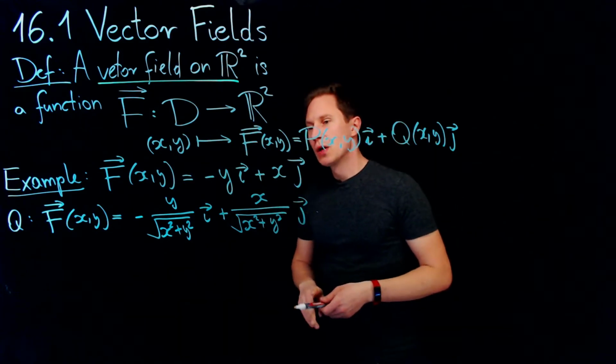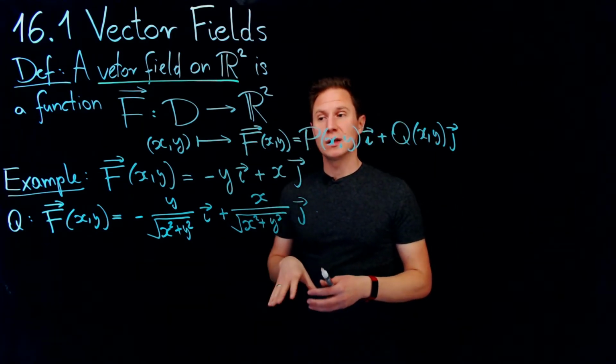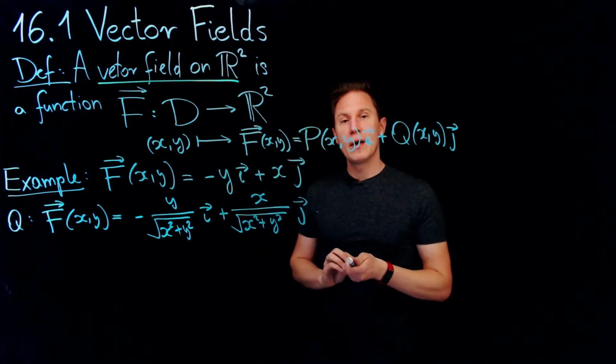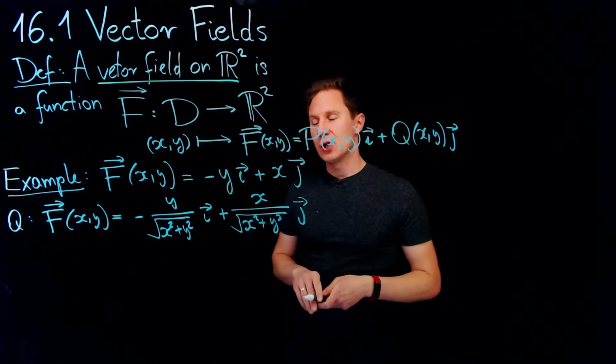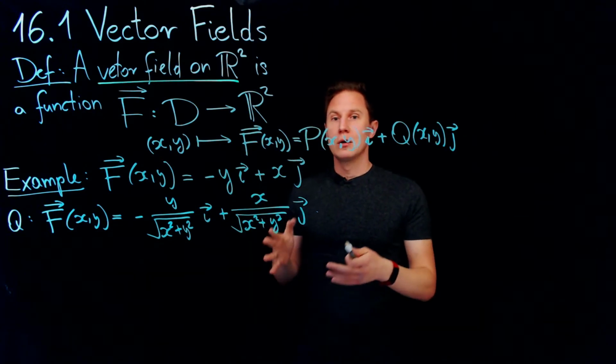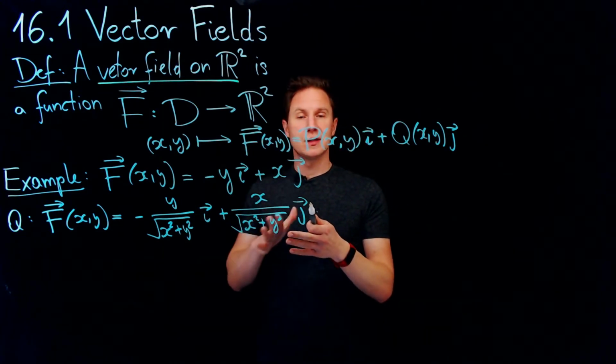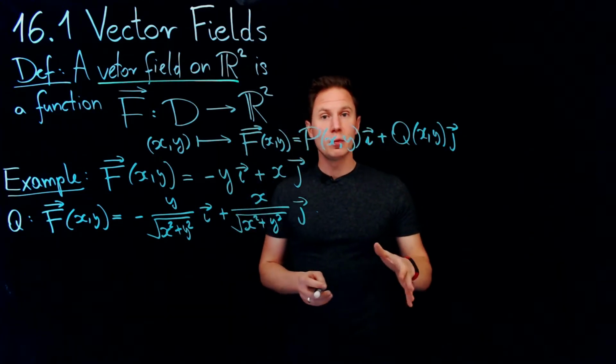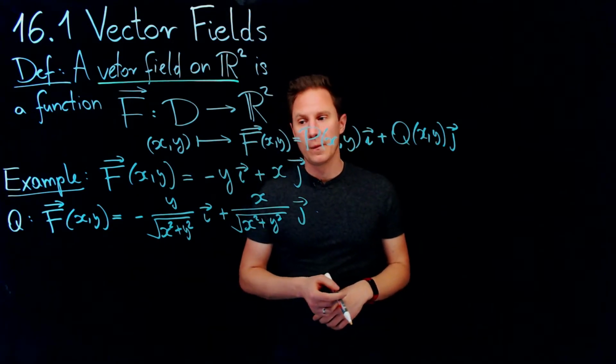And my question is, what happens to the vectors in this vector field as we move away from the origin? Will these vectors get longer, shorter, or will they stay the same length? So pause the video and select your answer below.